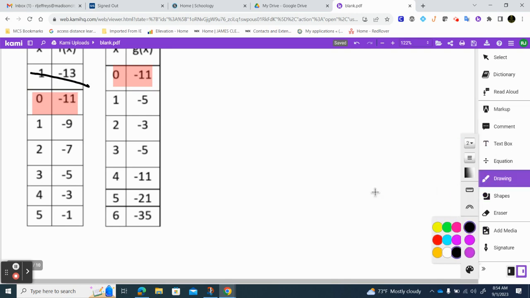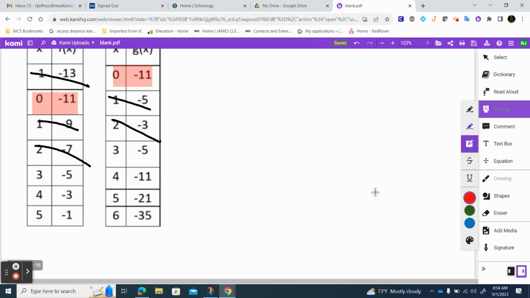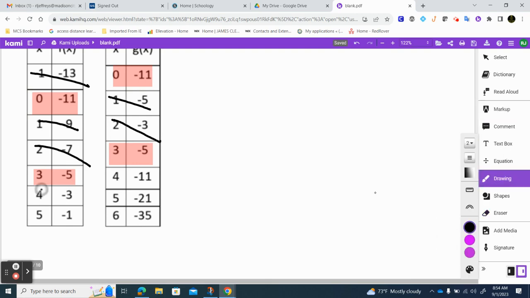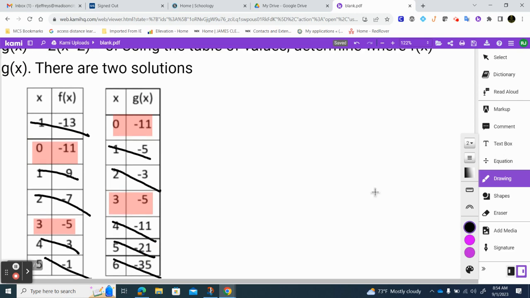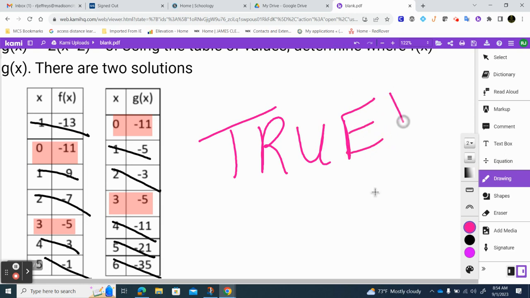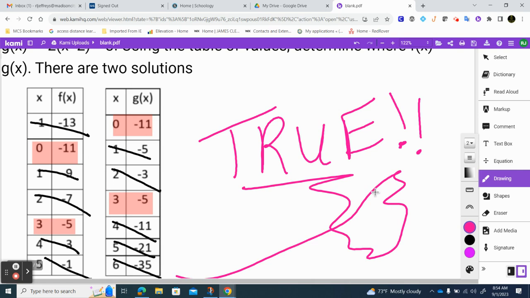So there's a match. These are not. These are not. Those two are. These are not. These are not. And no. All right. So it says there are two solutions. This is actually a true or false statement. So this one is true.